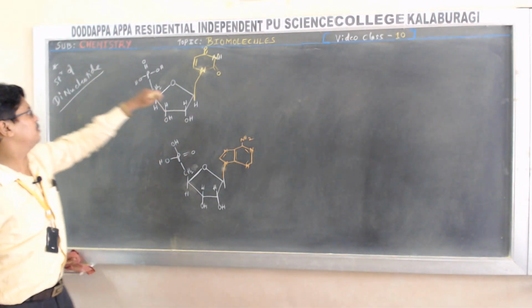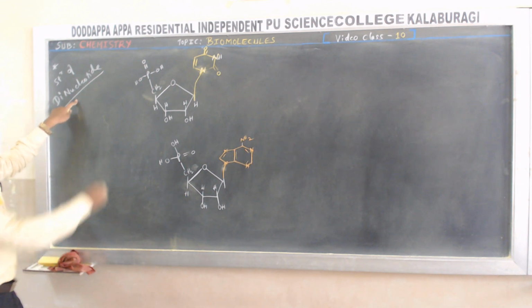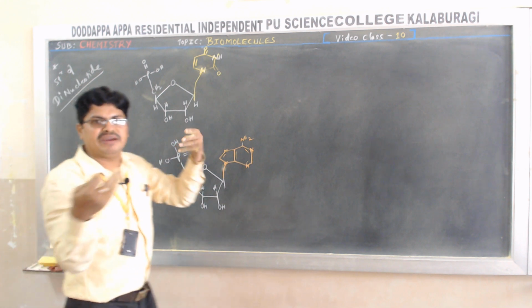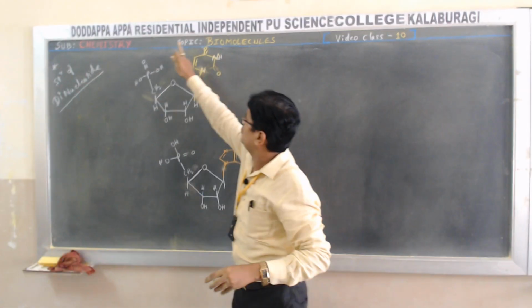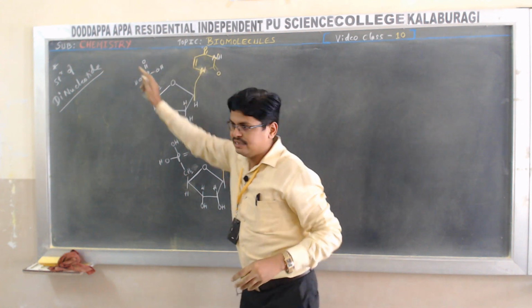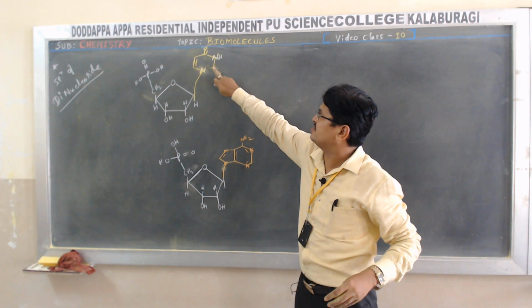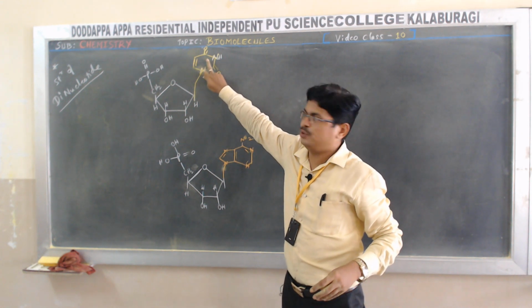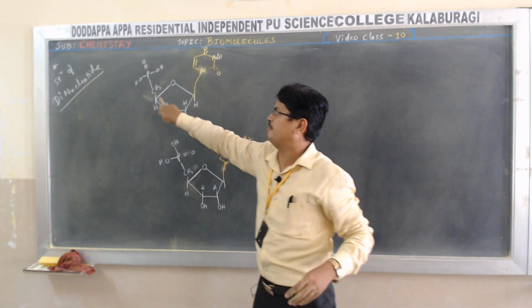Friends, let us focus now. Structure of a dinucleotide: two nucleotides combine with each other to form a dinucleotide. See, this is the one nucleotide that I have written here. This is the other nucleotide. What is the name of this nucleotide? I used uracil here: uracil, sugar and phosphate group.